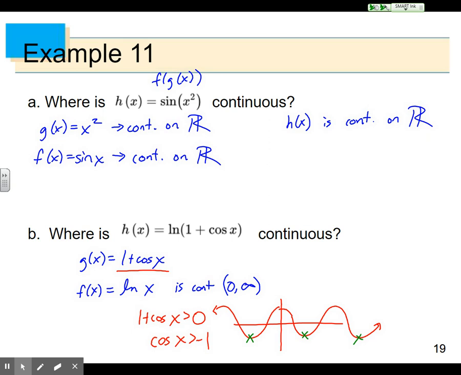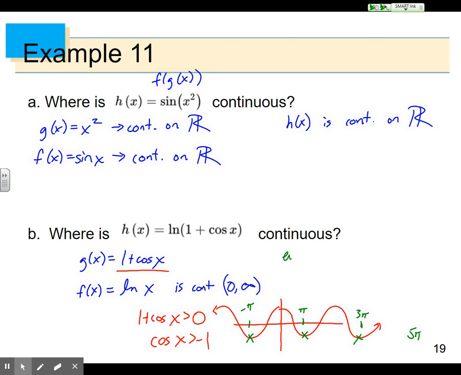So where do all those values occur? Well, they happen at pi. This peak up here is 2 pi. It happens at 3 pi. The next peak would be 4 pi. It would happen again at 5 pi. It happens at negative pi. It happens at every odd pi. So where is that continuous at? I can tell you where it's discontinuous.